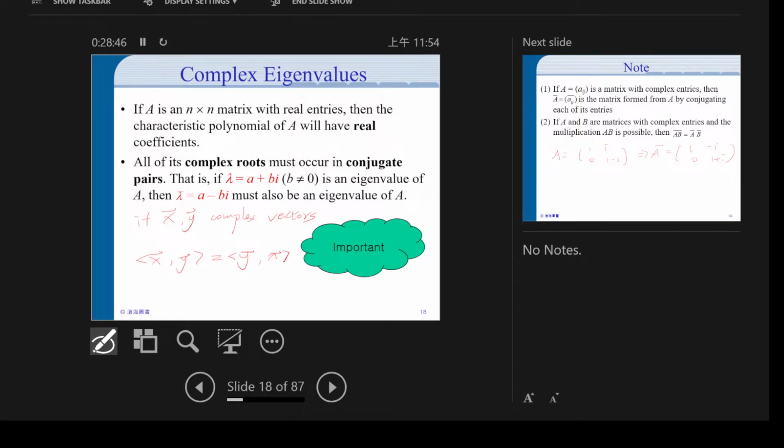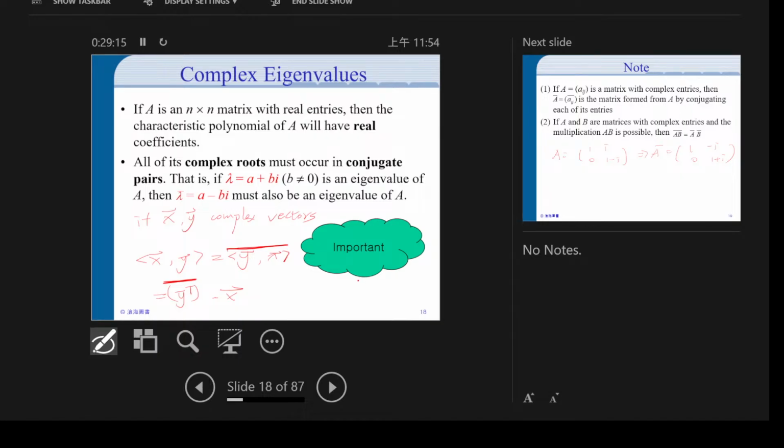This will involve the complex conjugation, and we define it as the x vector times the y vector, but we need to do two things: the transpose and the complex conjugation. Remember, we need to do the complex conjugation part.